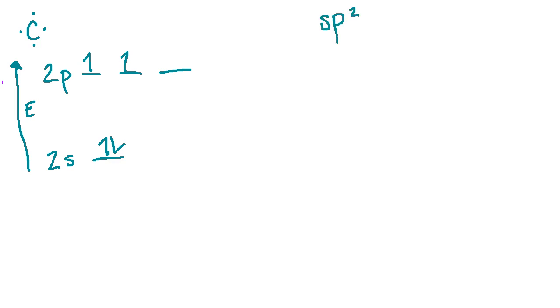That's the correct answer. 2 p orbitals should be brought into the hybridization process, which means 1 p orbital will be left behind. And that p orbital that's left behind is going to be important because it will be what is responsible for hosting pi electrons or pi bonds. Sigma bonds are not associated with p orbitals.